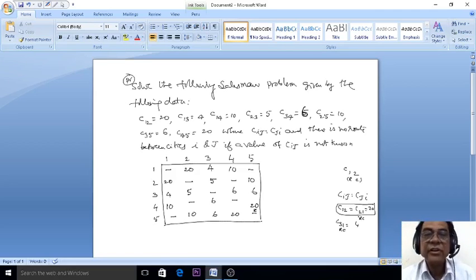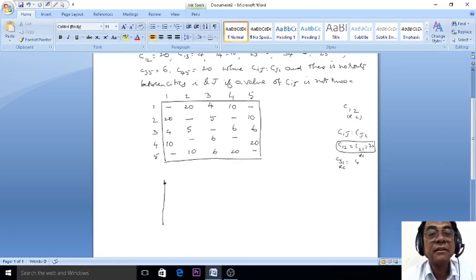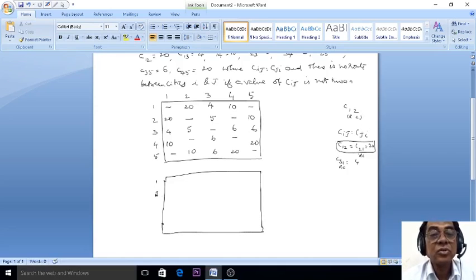Next, introduce the infinity. Everything else you already know. So first take the problem like this, with 1, 2, 3, 4, 5 for rows and columns. In the place of the dashes, I have to introduce infinity.